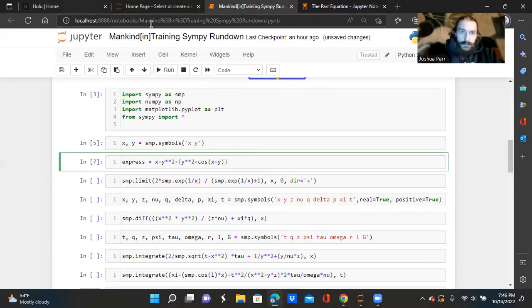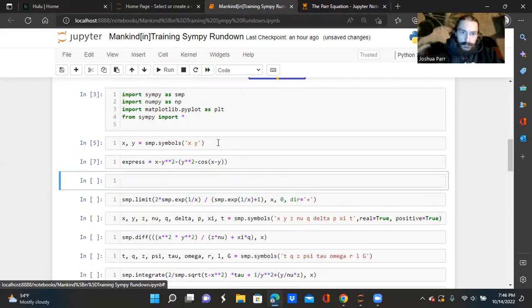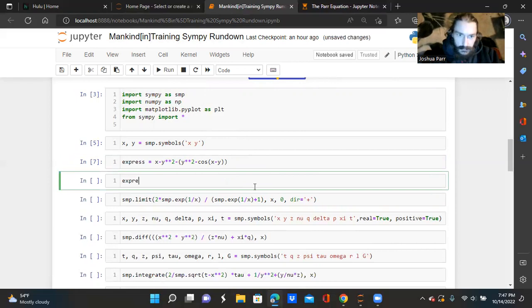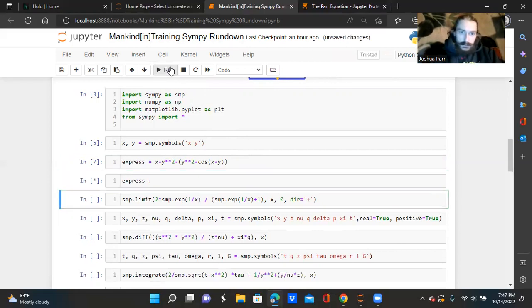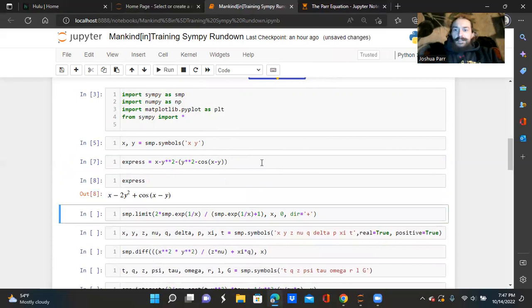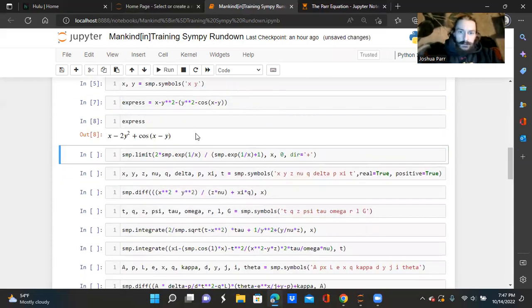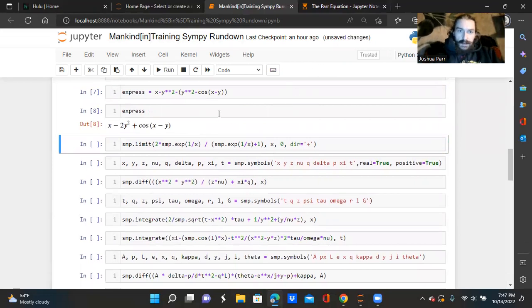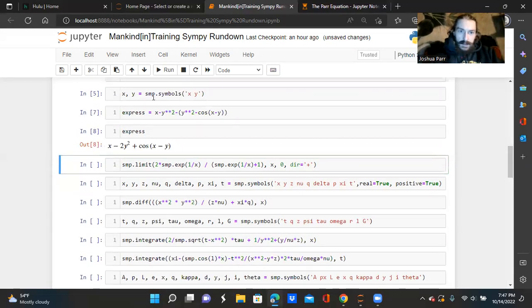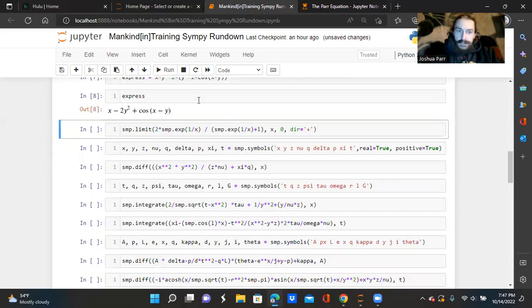I've saved that as a variable, express. So now that I have X and Y already enabled in symbols, I'm going to take a limit.